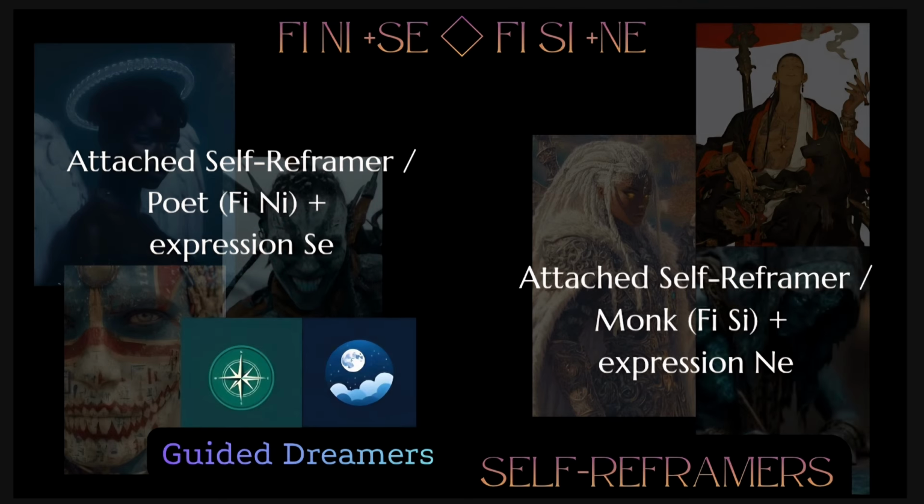Take it home, Rev. So these are basically both of the attached introverted rational types. NI in service to FI is going to be the poet utilizing SE expression, and SI in service to FI is going to be the monk utilizing NE expression.